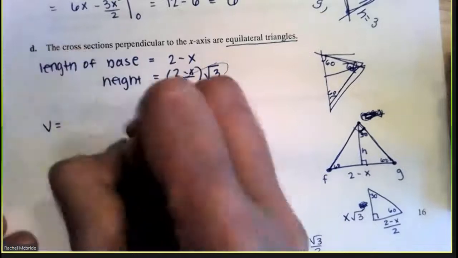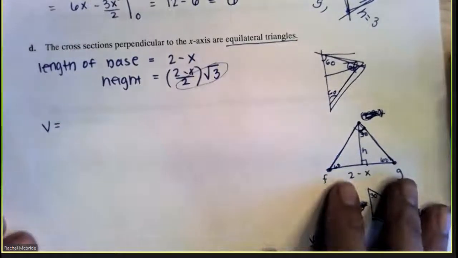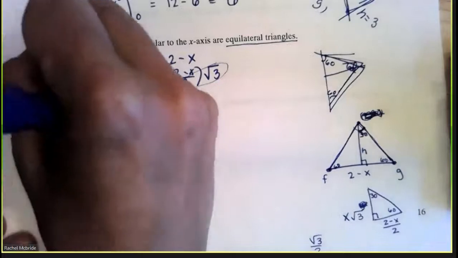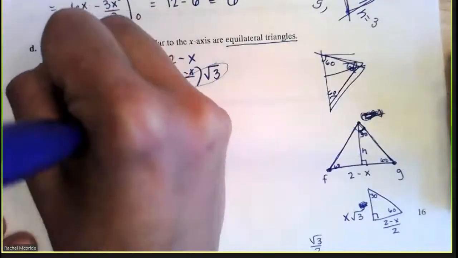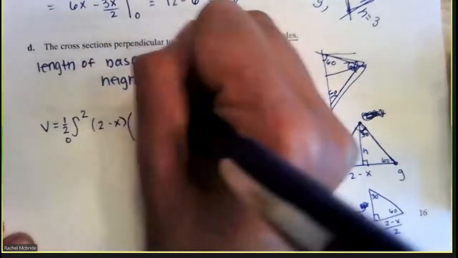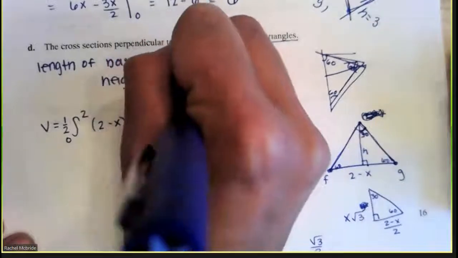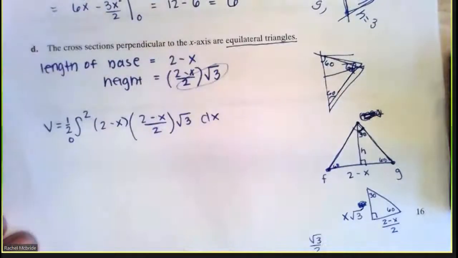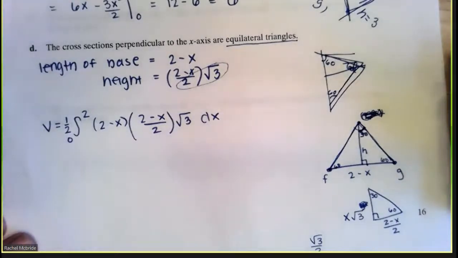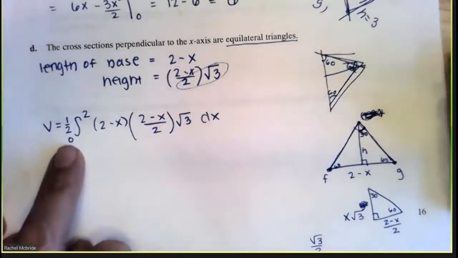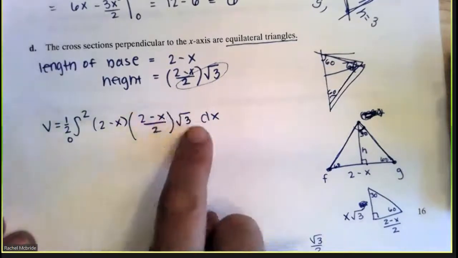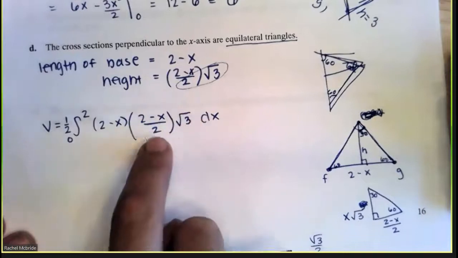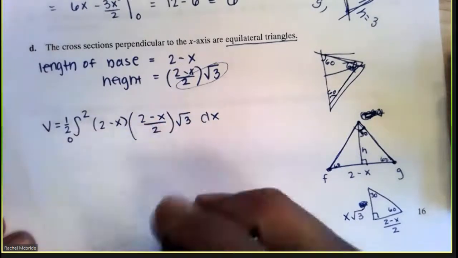So the volume of a triangle cross-section is going to be the integral from 0 to 2 of 1/2 base, which is 2 minus x, and height, which is 2 minus x over 2 root 3. I automatically wrote the 1/2 out in front because you can pull out a constant. You can also take out this constant of root 3, and we can take out the constant 2.